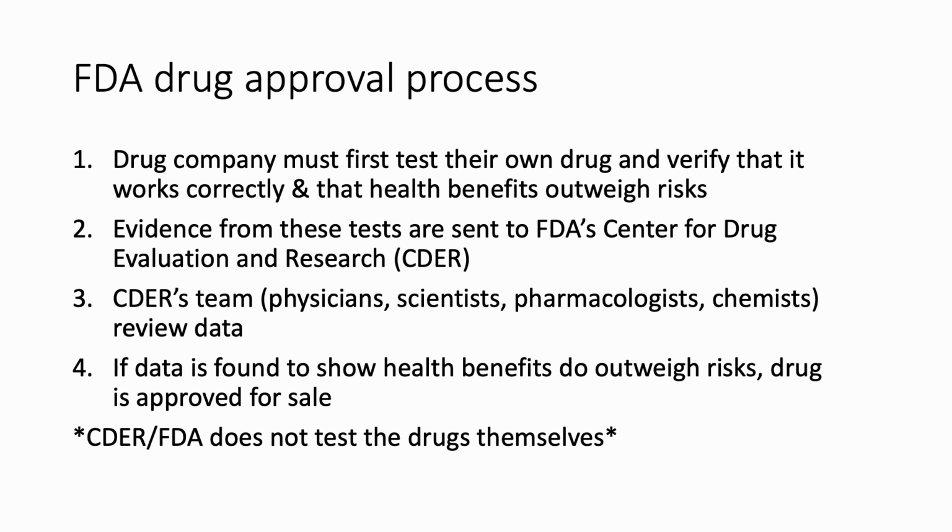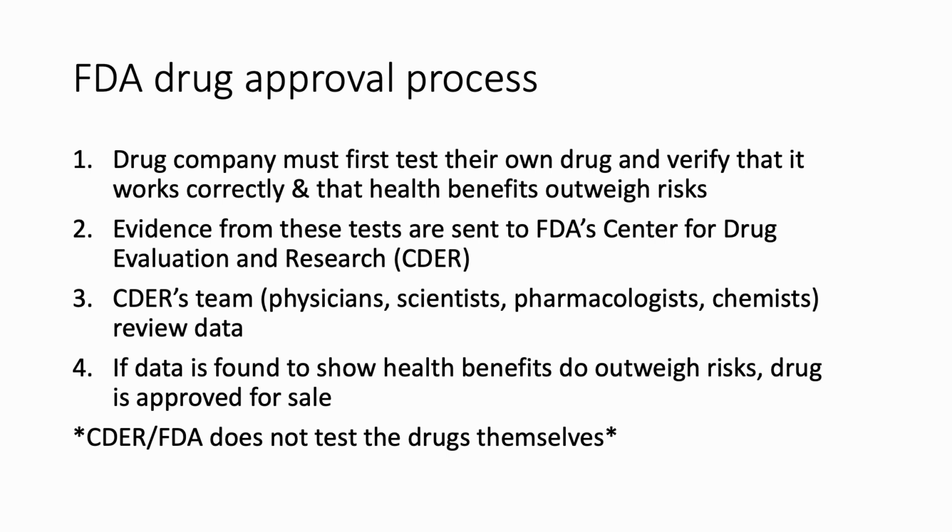So first step, the drug company that is wanting to get their drug approved is going to first test their own drug and verify that it works correctly and that the health benefits outweigh the risks. So the drug company is doing the testing and determining that the health benefits outweigh the risk. Okay.